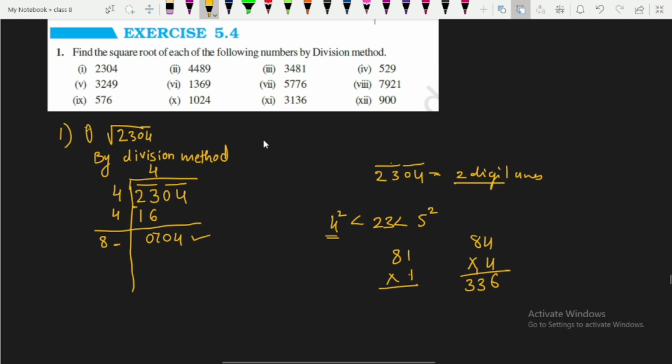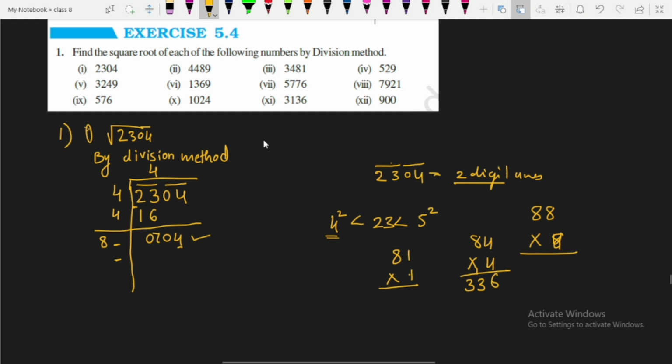It is very less still. Whatever you multiply here, the same number you multiply here also. Now check 88 into 8, because the unit place is 4.